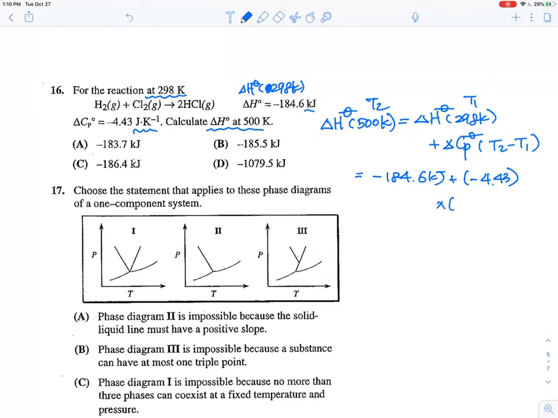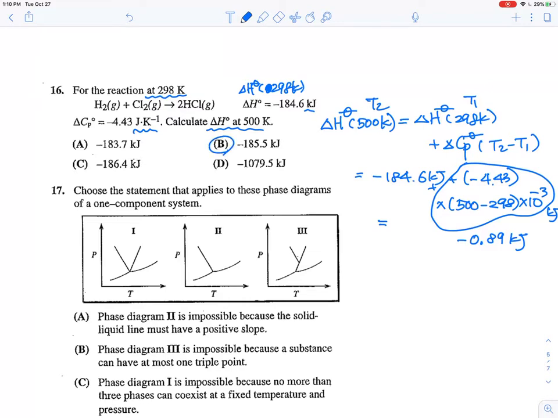And then 500 minus 298. And I will just multiply by 10 to the minus 3 to make it a kilojoule on both sides. Okay, so by doing so, the correction, delta Cp, is minus 0.89 kilojoule. And that makes it this value.